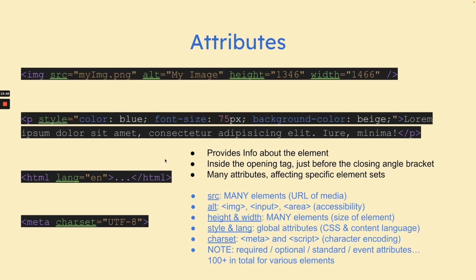And then you have optional ones where maybe it's recommended that you put it on, and maybe there's a default for it if you don't, but it's optional if you want to change that setting. And then the required ones that are just flat out required, like that alt tag for the image and the input and area tags and things of that nature.